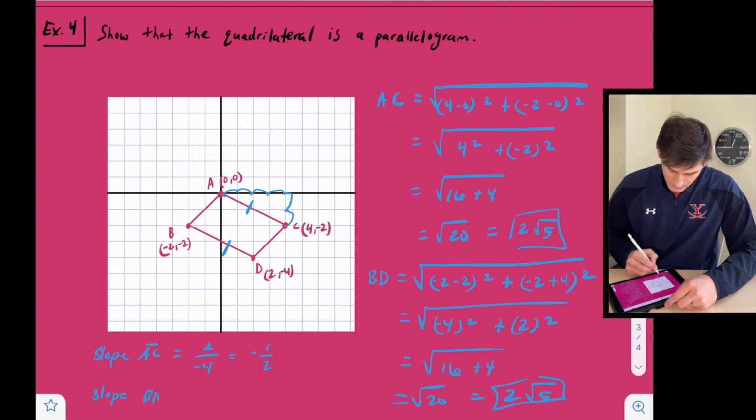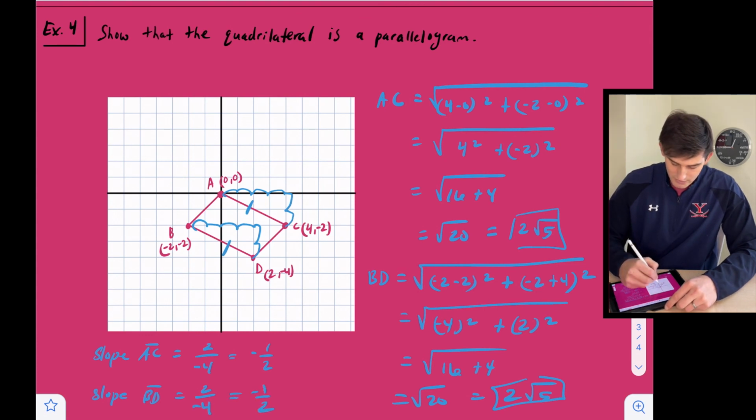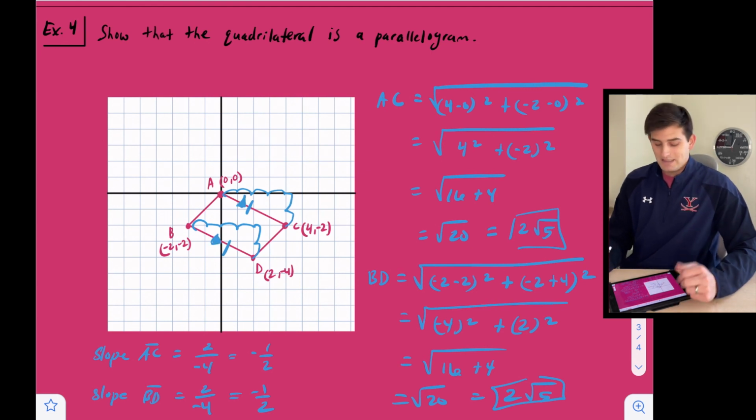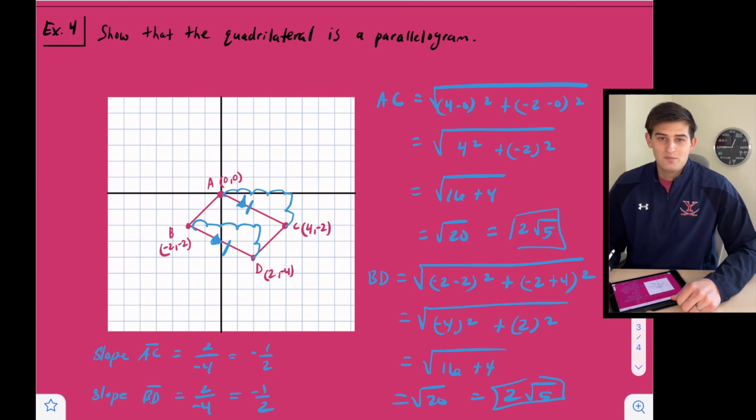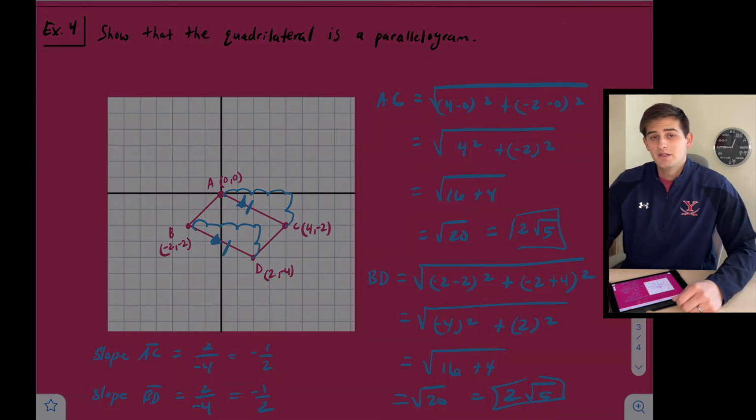And now let's find the slope of BD. Up 1, 2, so 2, and then left 1, 2, 3, 4, 2 over -4, which also reduces to -1/2. So now we know that these two lines are parallel, okay? So they're parallel and they're congruent, and so now we can say, yes, this is a parallelogram, okay? So there's a bunch of properties of parallelograms.